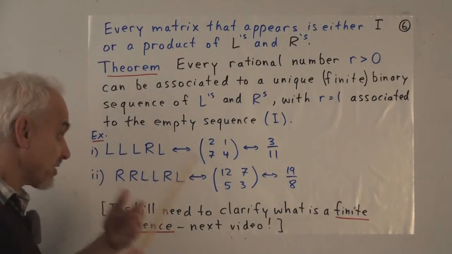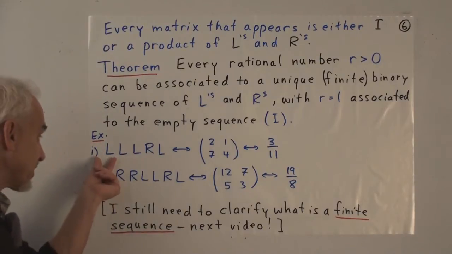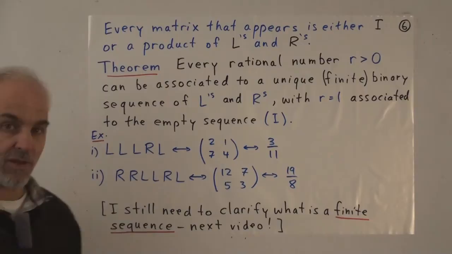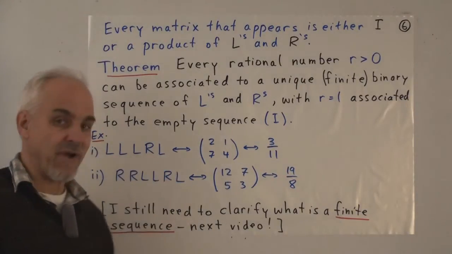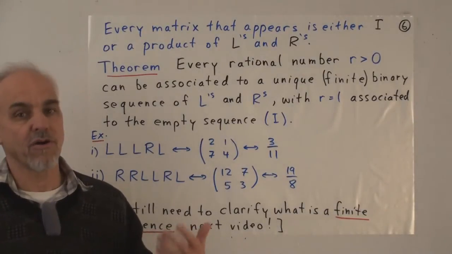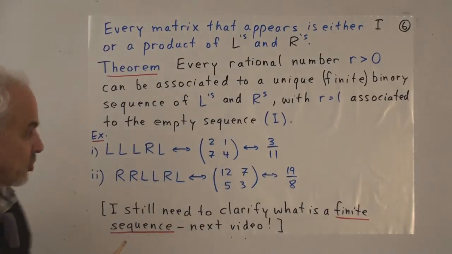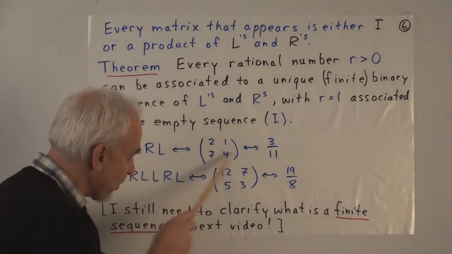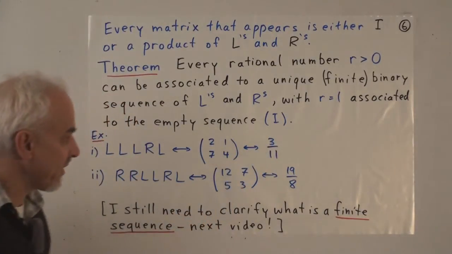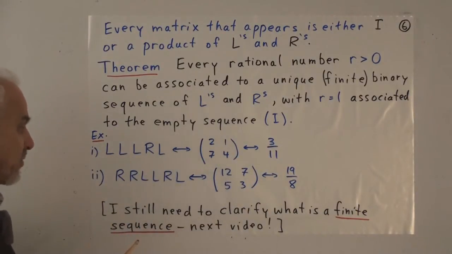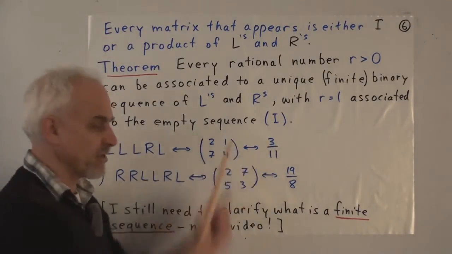And in terms of matrix multiplication, it's just the matrix L times the matrix L times the matrix L times the matrix R times the matrix L. It's a product of these 5 matrices in the algebra of 2 by 2 matrices. And then we saw that this matrix corresponds to the fraction 3/11. So this fraction 3/11 corresponds to this sequence, and the sequence corresponds to 3/11.